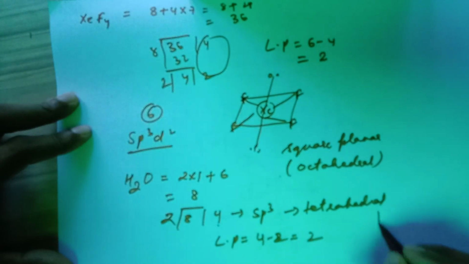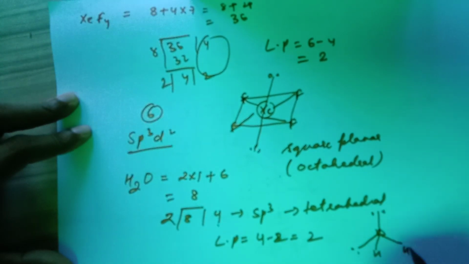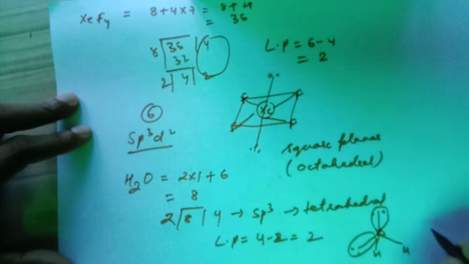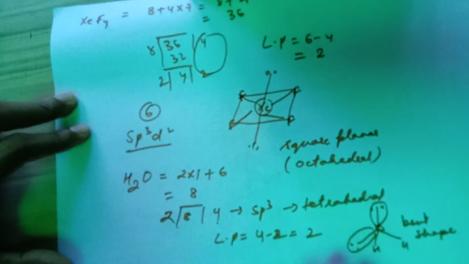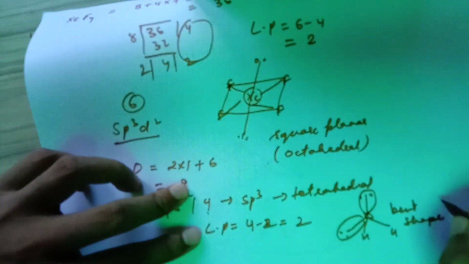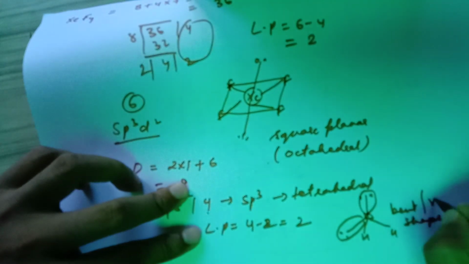So our structure will be like this. Here there will be O with 2 lone pairs, and hydrogens will be attached like this. This will be bent shape, or we can say V shape in tetrahedral.